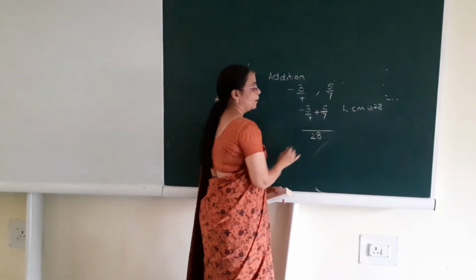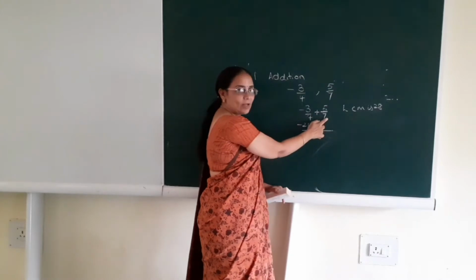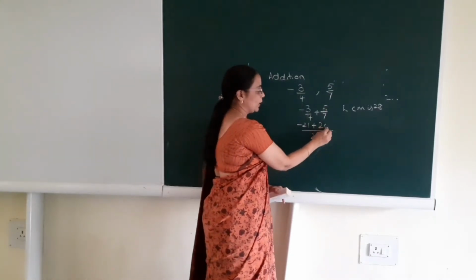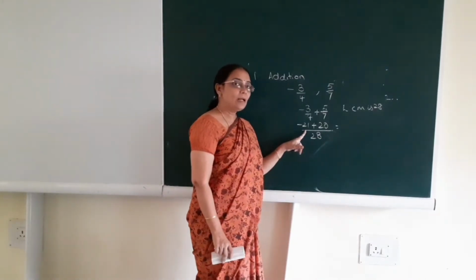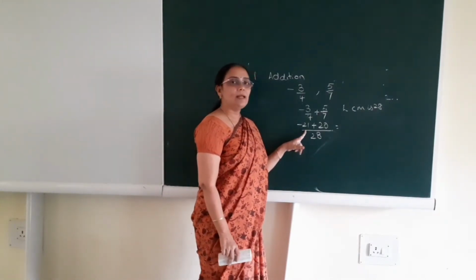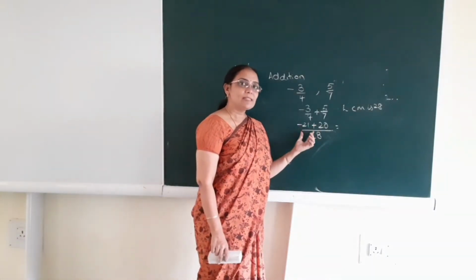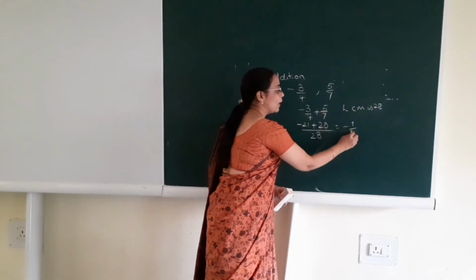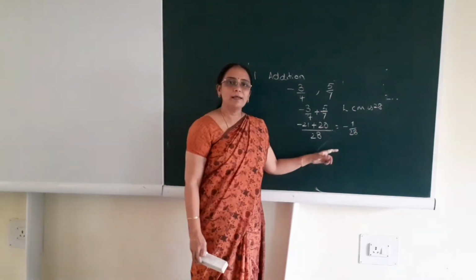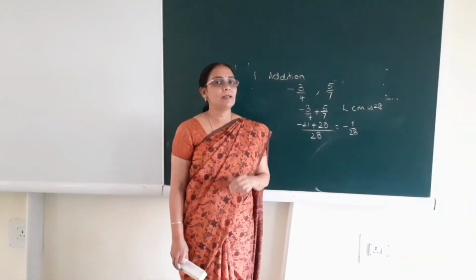So 4 into 7, -3 sevens are 21. 7 into 4 is 28, so 5 fours are 20. When one number has a negative sign and one has a positive sign, we subtract them, and the sign of the greater number comes. So it becomes -1 upon 28. Again, it's a rational number.